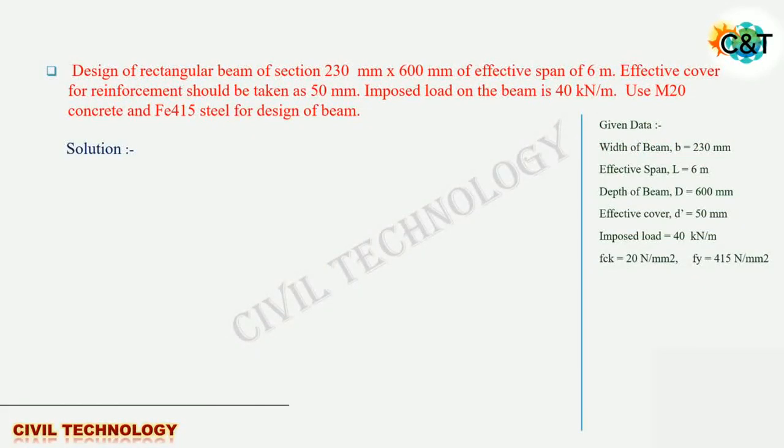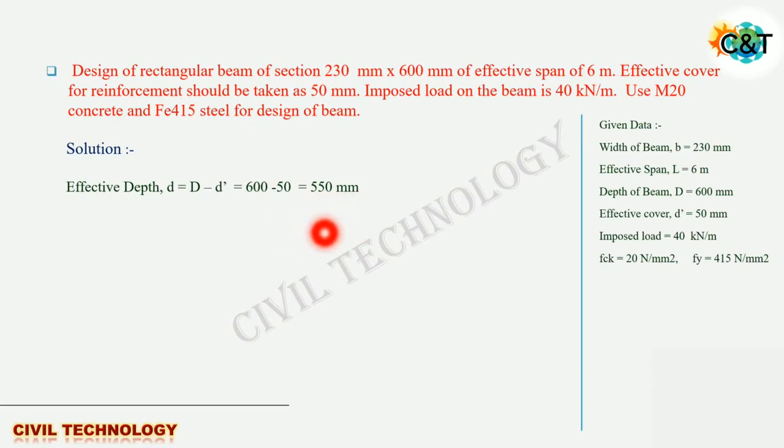So let's start the solution. First we have to find out the effective depth. The formula for effective depth is overall depth minus the cover from the tension side. As we saw, from the tension and compression side the cover is 50 mm, so we directly deduct it from our overall depth, and we get the effective depth 550 mm.